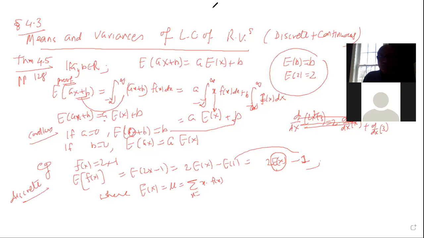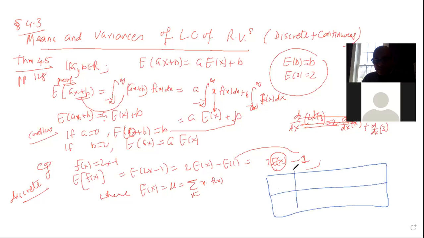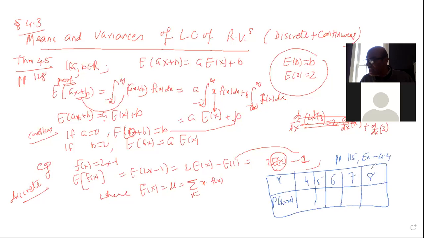Let me change the color, so probably it will be a little easier for you to get this one. This is page number 115, example number 4.4. That's what we are referring to. So here it is x, and here it is the probability of capital X equal to small x, and here x is 4, 5, 6, 7, 8, and 9.